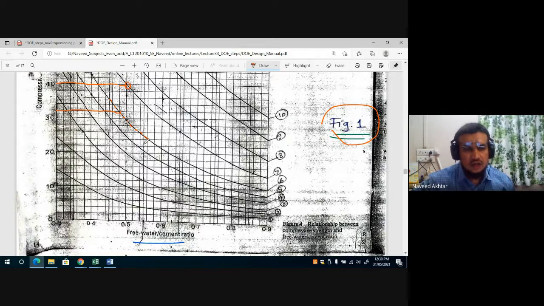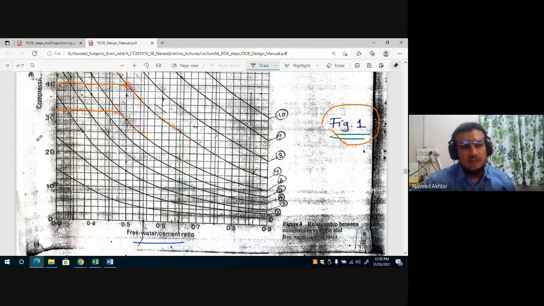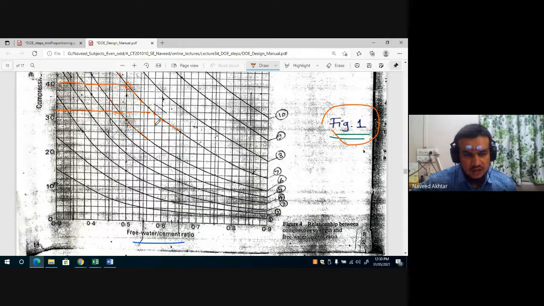So this is the graph you have to use to find out your water to cement ratio. Now my strength is 32, so I will proceed from this, and where it meets here, I will draw a dotted line. So this is the free water to cement ratio for my concrete.